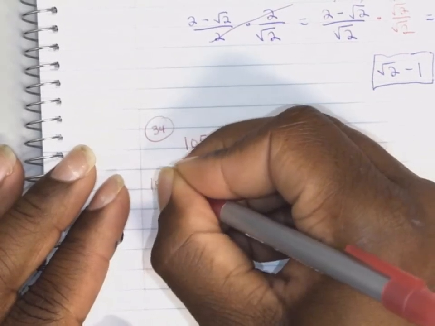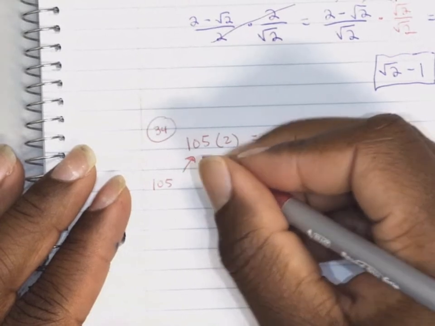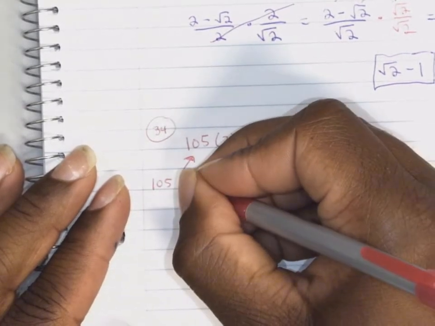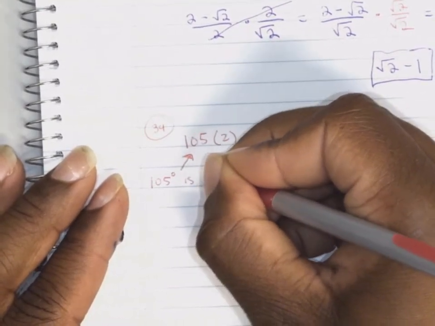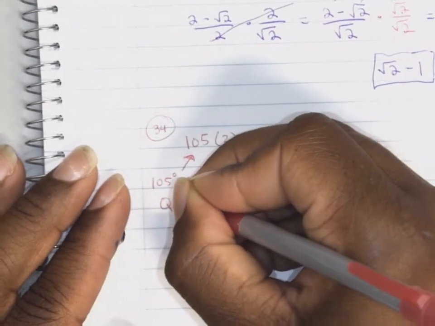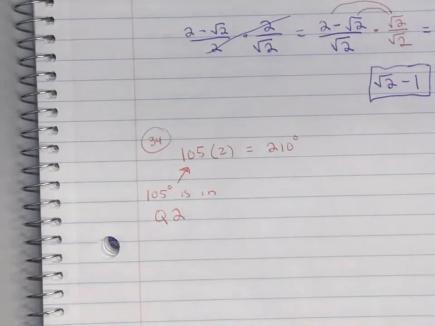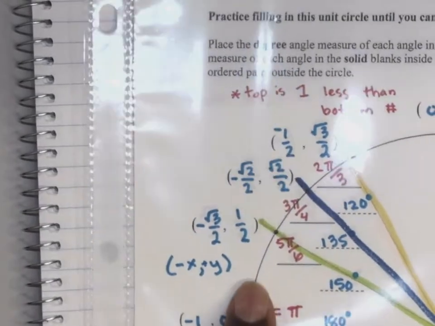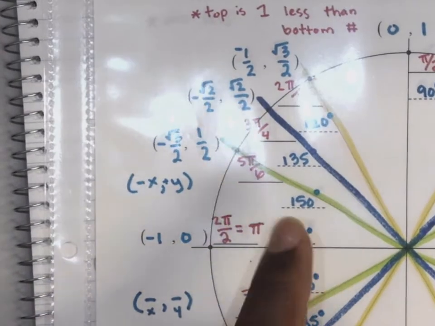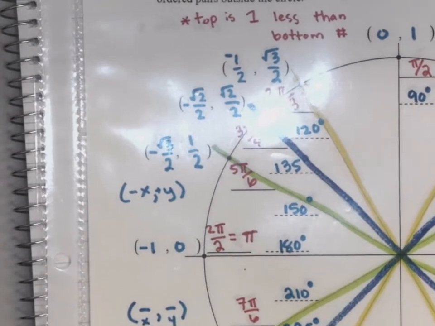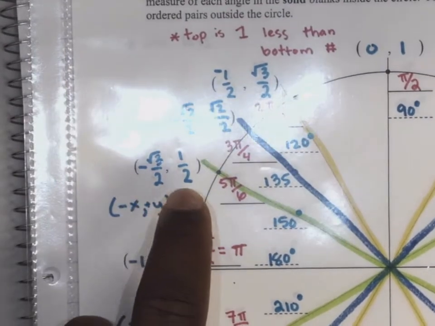105 is greater than 90 but less than 180. This angle is in quadrant 2. So I'll choose my value based on the quadrant 2 angle. Now in quadrant 2, we want to do tangent. Tangent is negative, because you have a negative x and a positive y, when you divide those two things, you'll get a negative number.